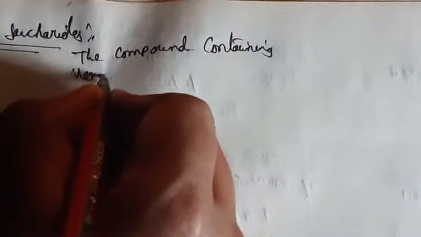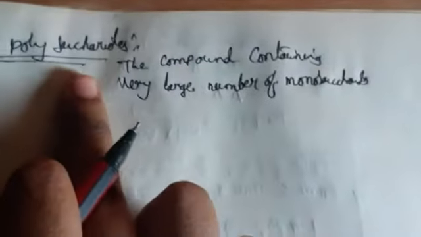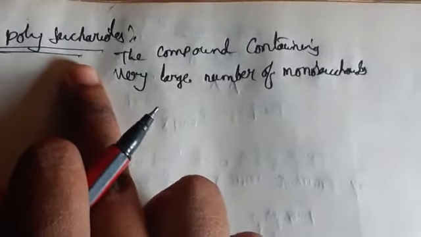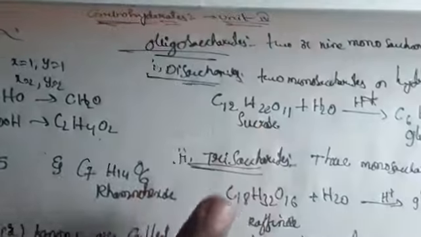We call it a polysaccharide. Poly means many. For example, here we took only sucrose, raffinose and stachyose, but in polysaccharides, much larger molecules are formed.